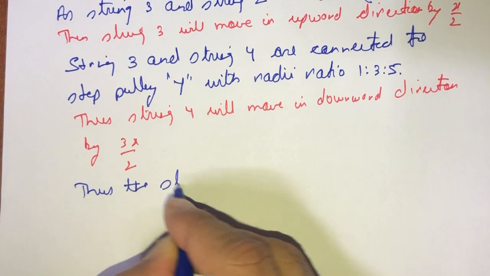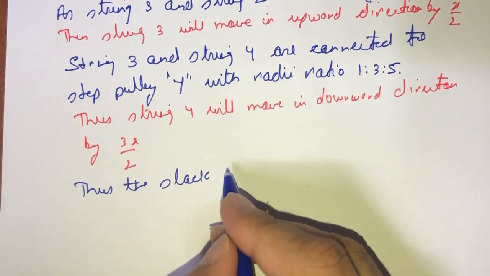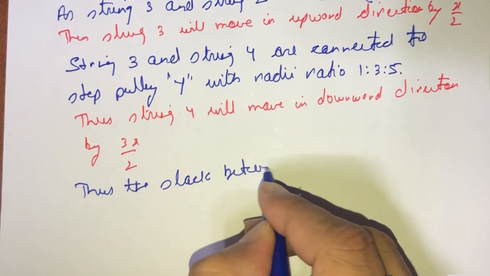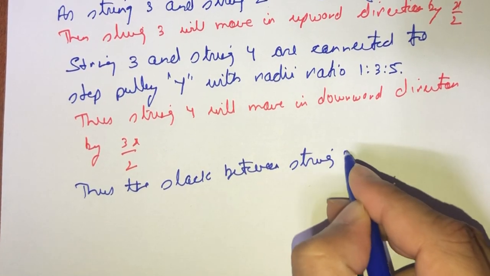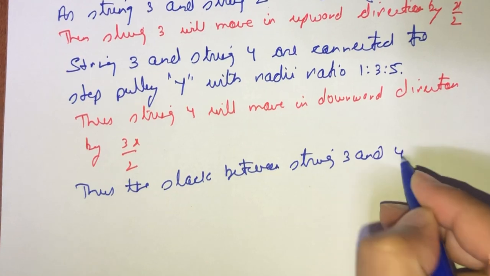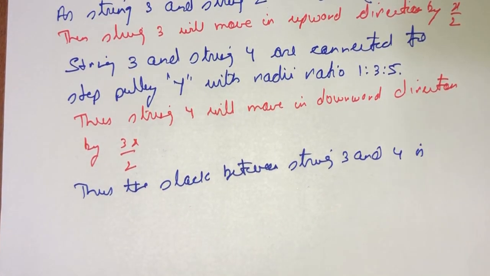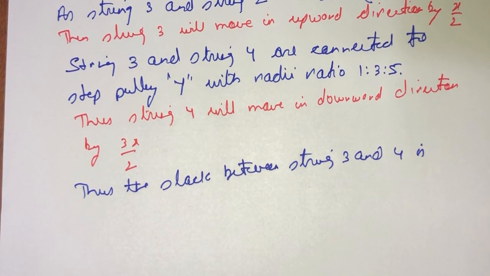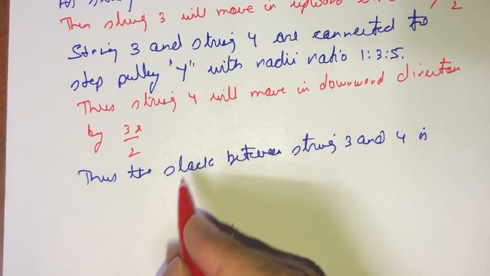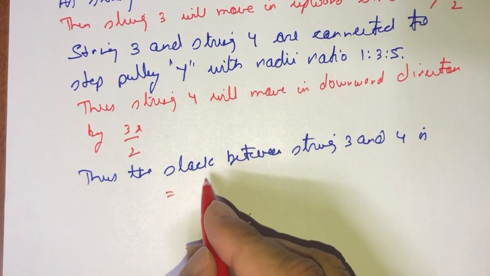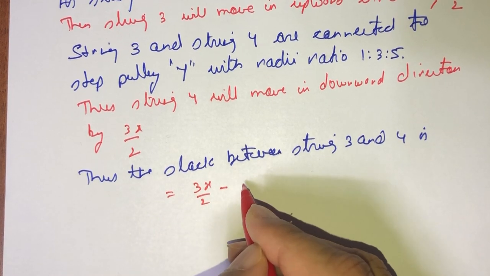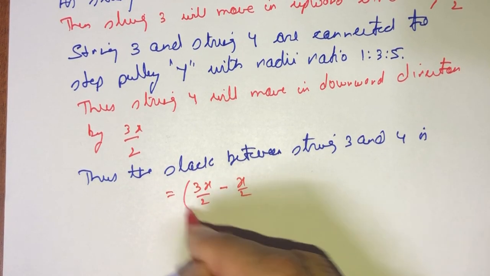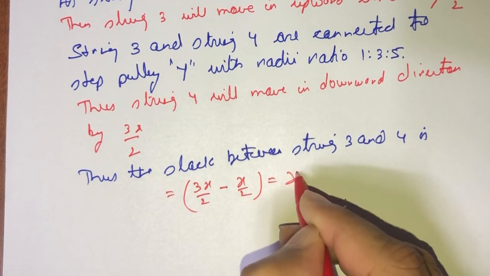The slack between string 3 and 4 is 3x/2 minus x/2, which is equal to x.